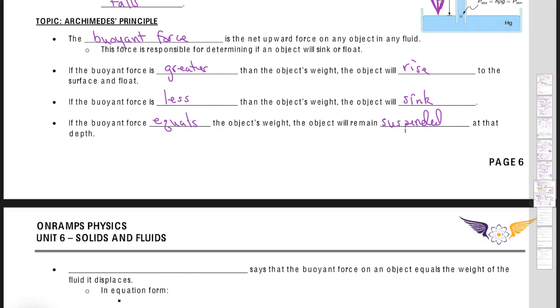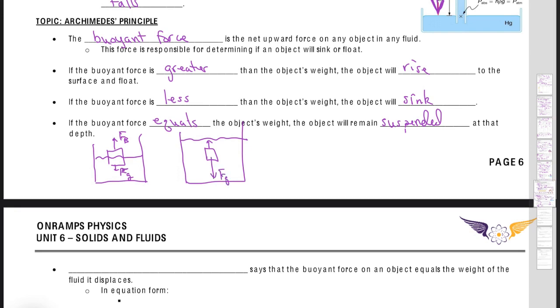Okay, so in diagram form, if I have an object just floating, that means my buoyant force is greater than my weight. If my buoyant force is less than my weight, I will sink.